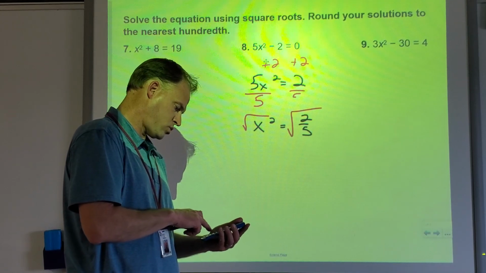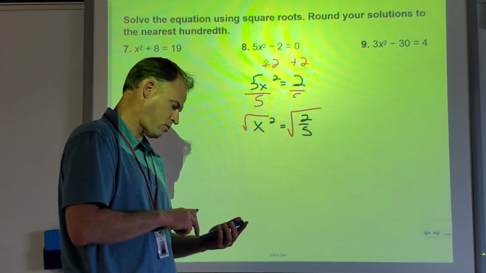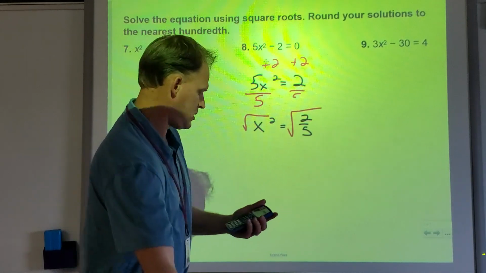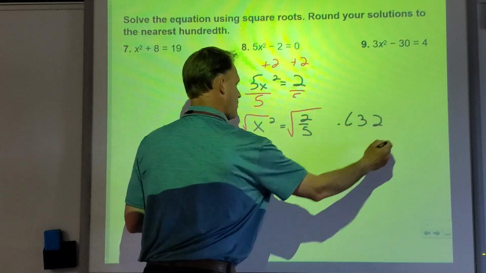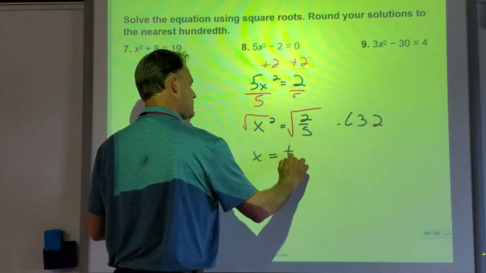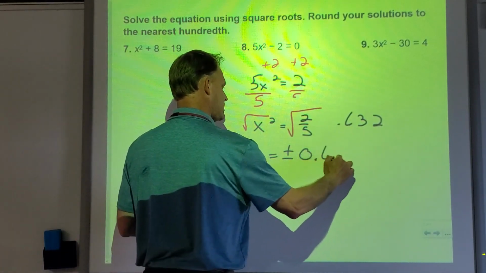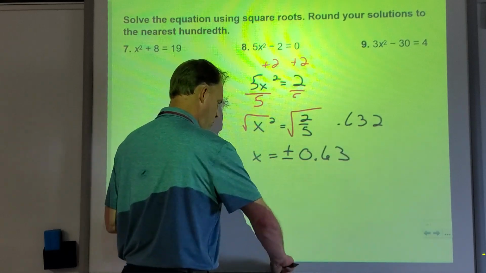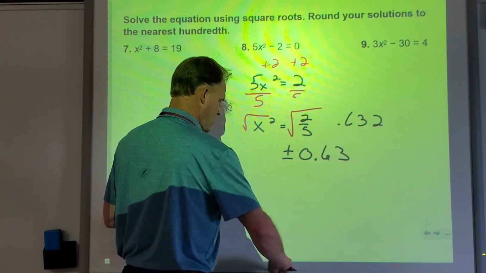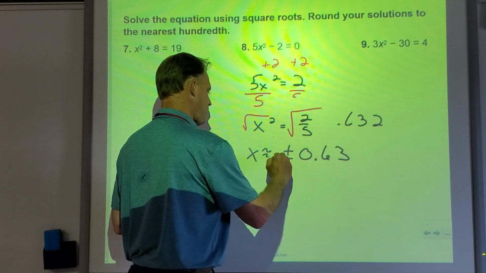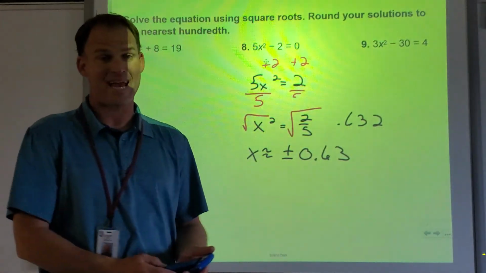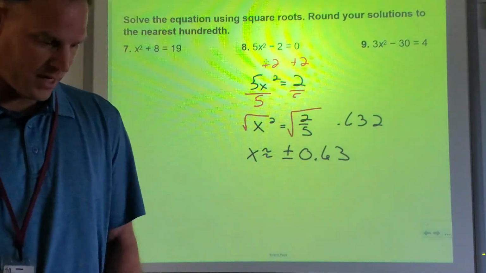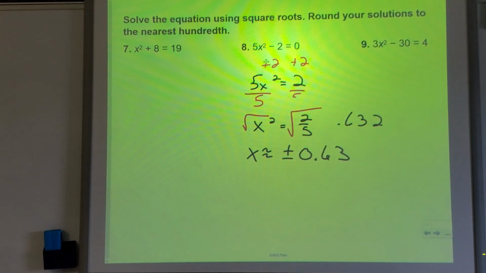Square root 2/5.632. So that is plus minus 0.63. Notice the wavy equal sign, that means approximately, because that's not an exact answer, but it is an approximate, so that's what we're going to go with. All right, there you have it. There you are. Good luck. Get to work.